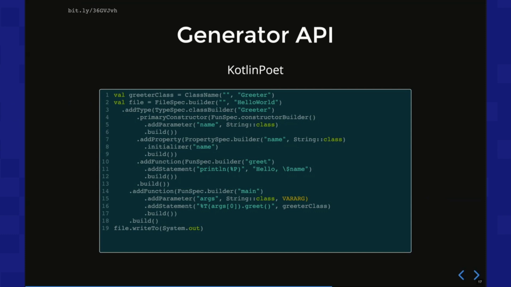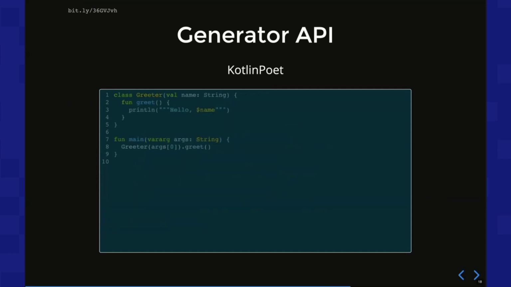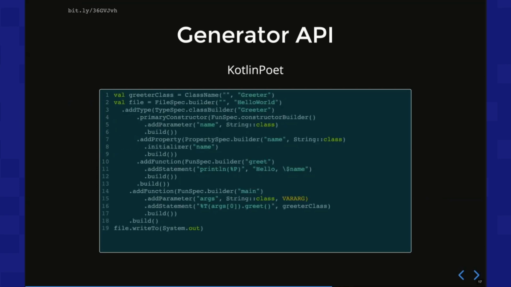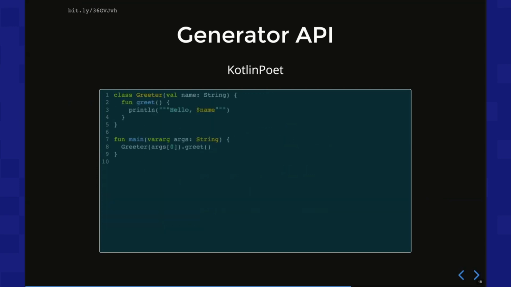So it can be a bit too powerful a tool to start off with if you just want to write a simple code generator. But it's a very powerful tool when you want something which scales indefinitely. And this is basically what it would generate. You can see you have to write quite a bit of stuff just to generate this small snippet.